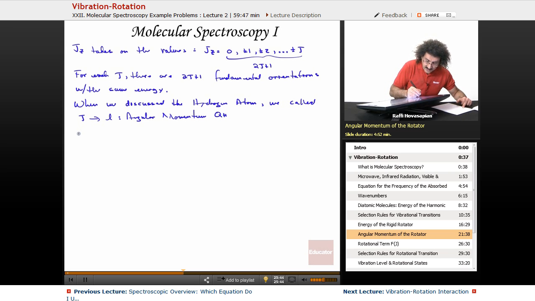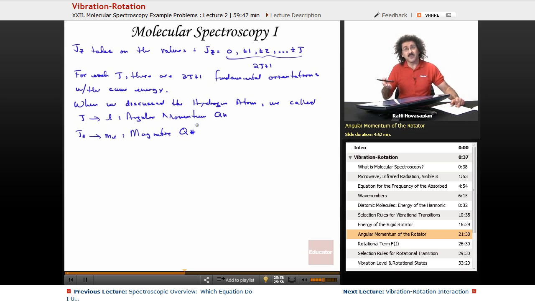And we called this J sub z, we ended up calling it M sub L. That's it. This was a magnetic quantum number. That's all that's going on here. Remember, for each value of L, you have 0, plus or minus 1, plus or minus 2, all the way to plus or minus L. That's it. It's the magnetic quantum number, which takes on the values.